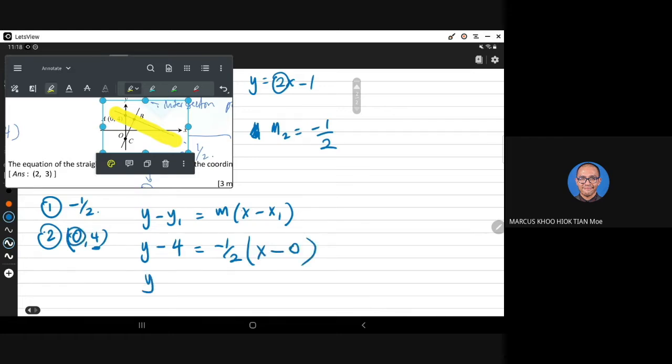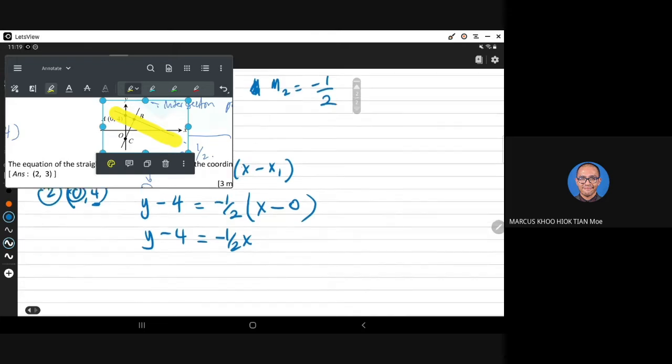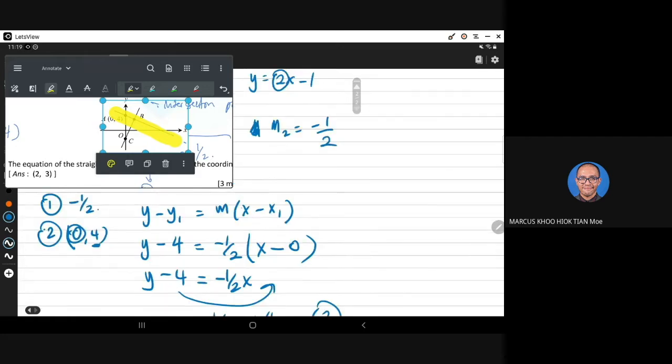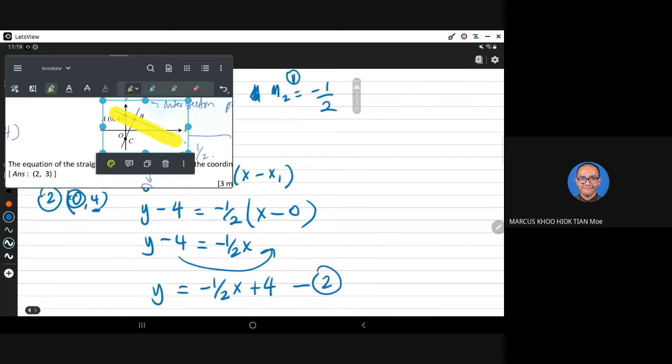We will get y minus 4 equals to negative half x. Negative half times 0 will be just 0, so it doesn't really matter. We move the 4 across, we get y equals to negative half x plus 4. This is the second equation. So we have the first equation, which is this, and we have the second equation, which is this.